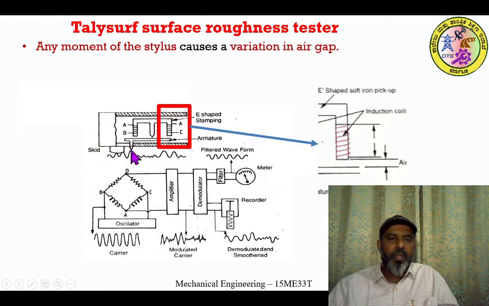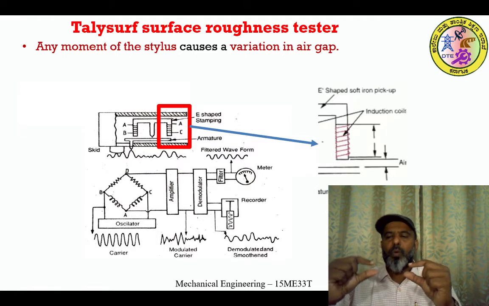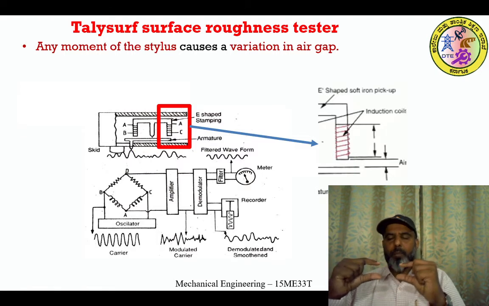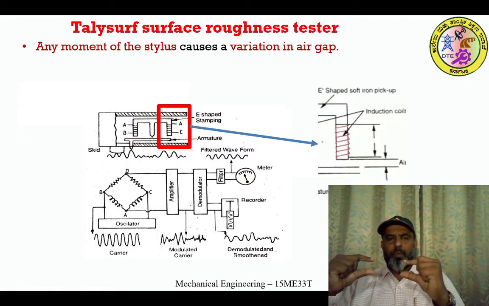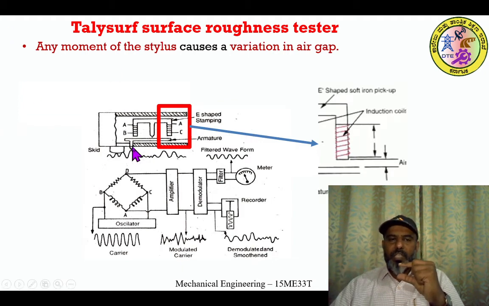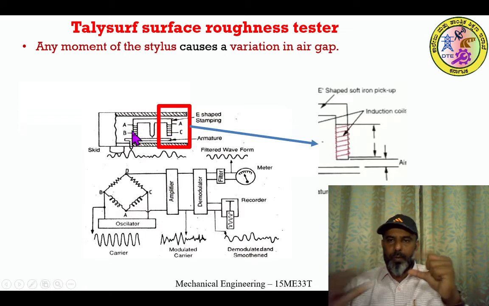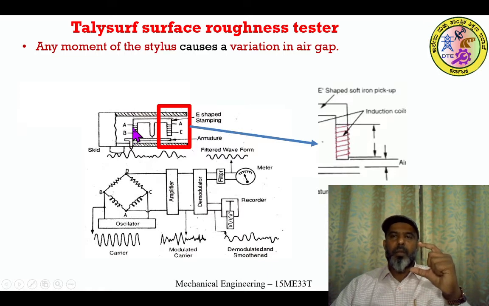It means when it moves on the surface, it may have a small gap on one end, or it may have both equal gaps at the peak as a reference. Suppose the stylus is moved downward, what happens? One end comes lower and the other end opens. The right end may be closely open, and the left side, AB, may be largely open.